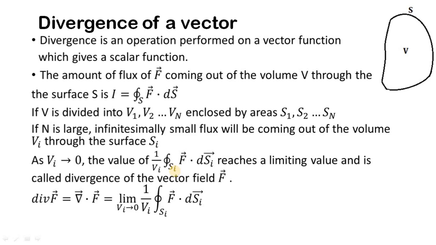This value of flux per unit volume as the volume approaches 0 is called divergence of the vector field F. That is, divergence F, which is equal to grad dot vector F, equals the limit as Vi tends to 0 of 1 by Vi into the closed surface integral over the surface Si of vector F dot dSi vector.